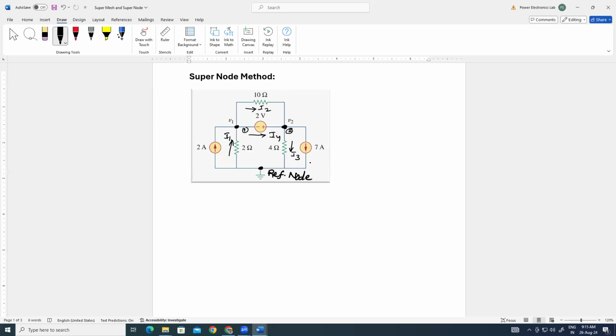If you want to apply the simple node method, you have to write 2 KCL equations at node 1 and node 2. So KCL at node 1: there are 2 incoming currents, 2 plus I1, and 2 outgoing currents, I2 plus I4.